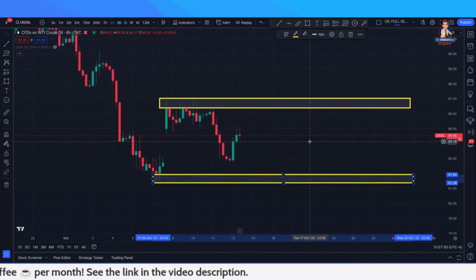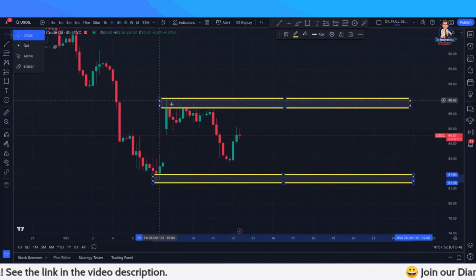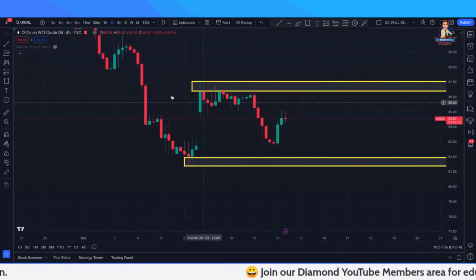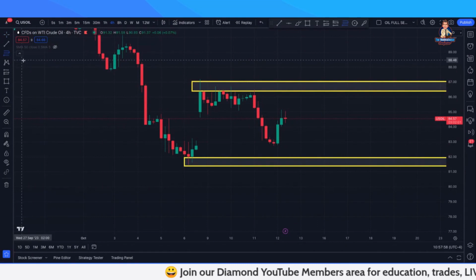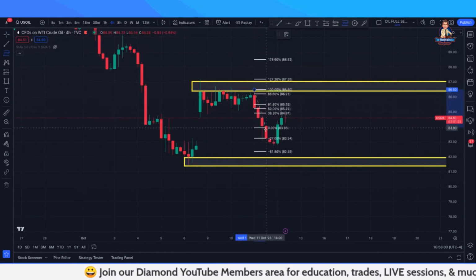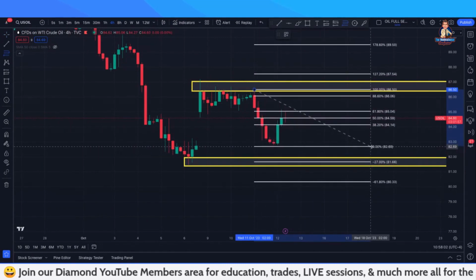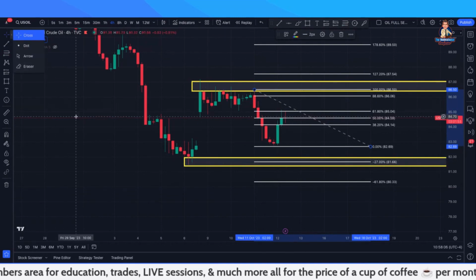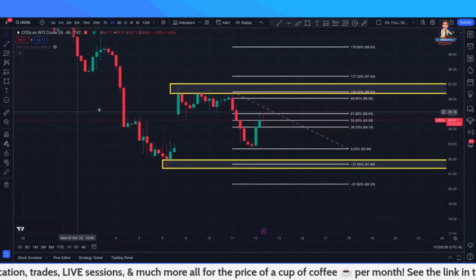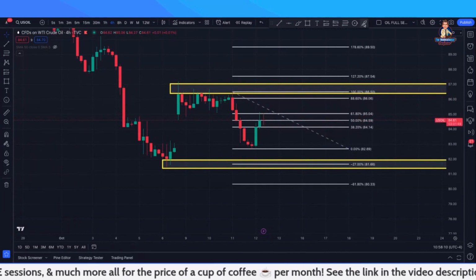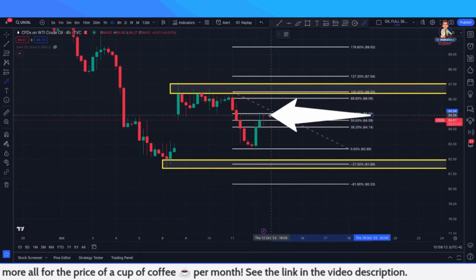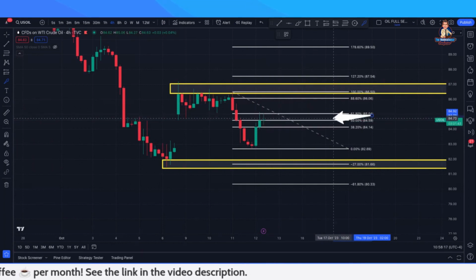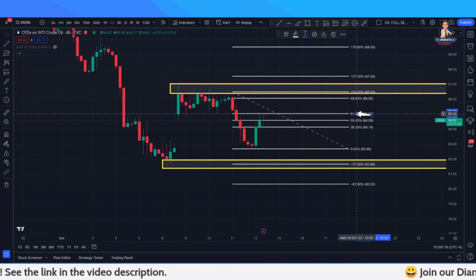The first thing I want to do on a 4 hour level is draw a Fibonacci level. So I want to take this high down to this low, and you can clearly see, for those of you that are in the group, or for those of you who have seen the video, we already had one rejection of the 61.8, and then we had a second rejection of the 61.8, and you can see it right over here.